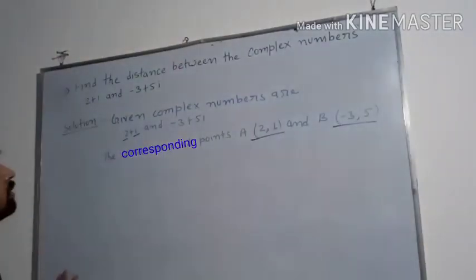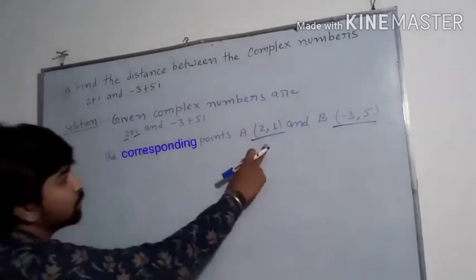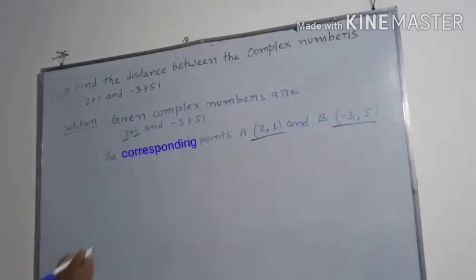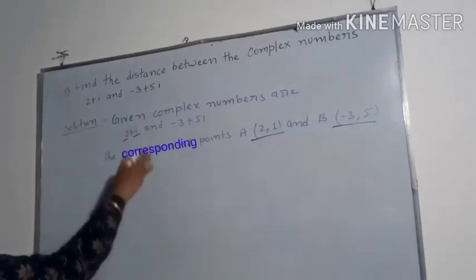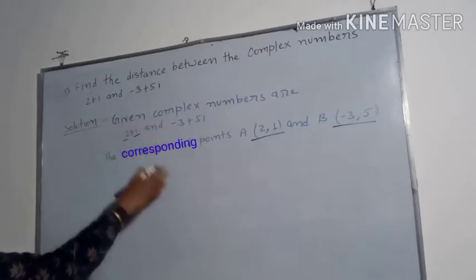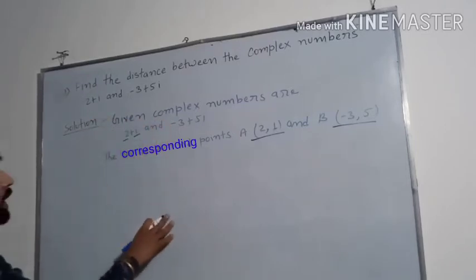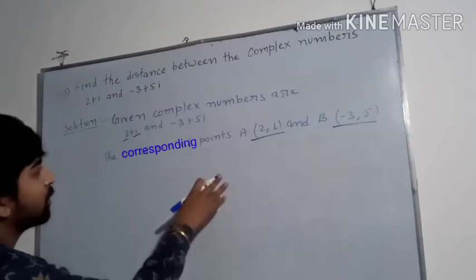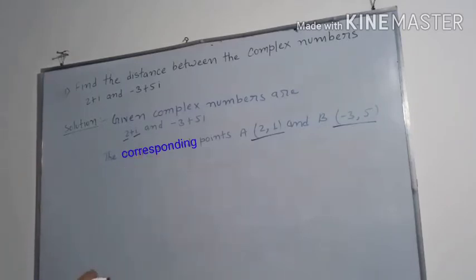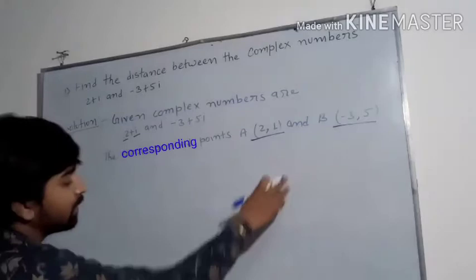And now let us find out the distance between these 2 points. To find the distance between given complex numbers, first of all we should find the corresponding points, and then find the distance between the given points.